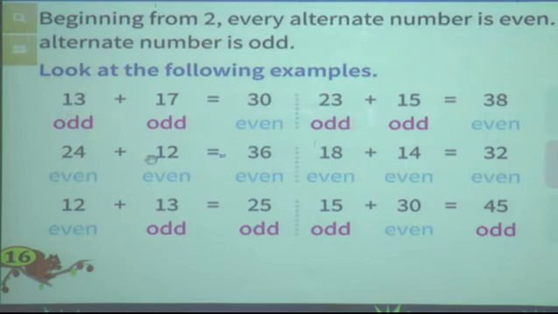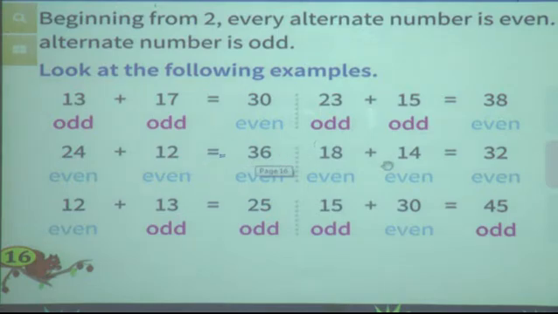Now do the addition of these two numbers, 24 plus 12. Then we will get the answer 36. Now in 36, at the ones place 6 is there, which is an even number. So if we add two even numbers, the sum of two even numbers is an even number.